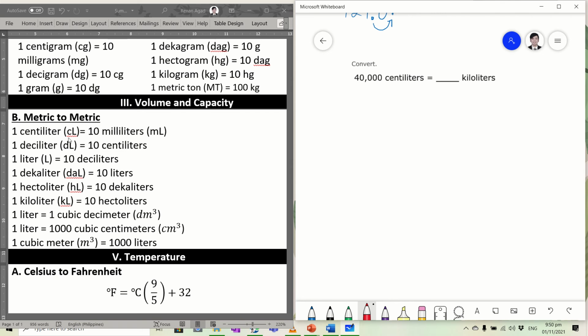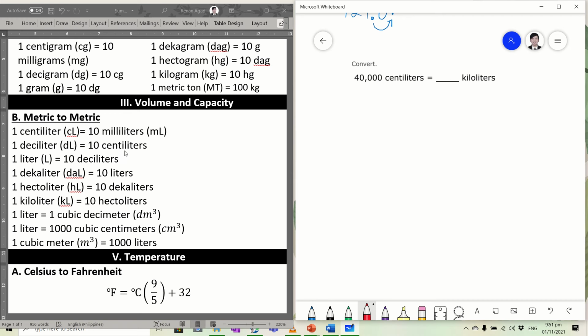So looking at it, there's no CL which is equal right away to a kiloliter. But there is a connection between them. If you look at it, centiliter is here, kiloliter is here.